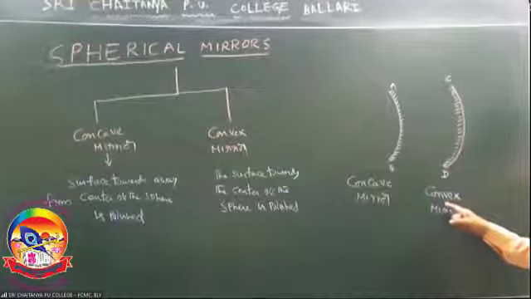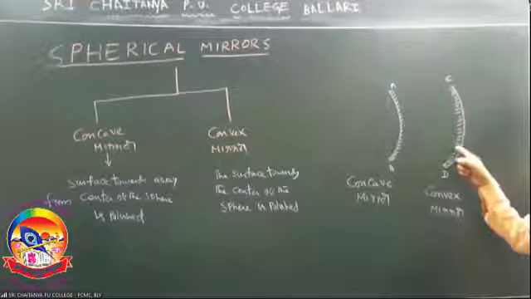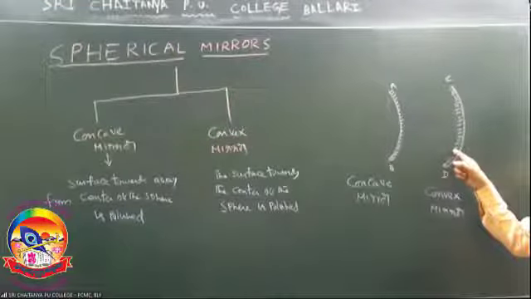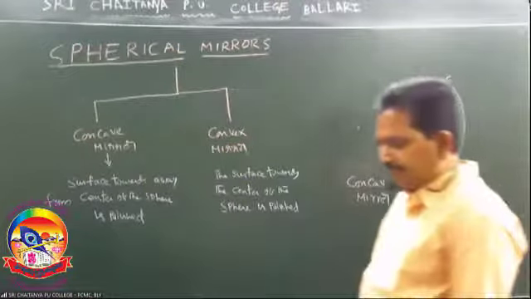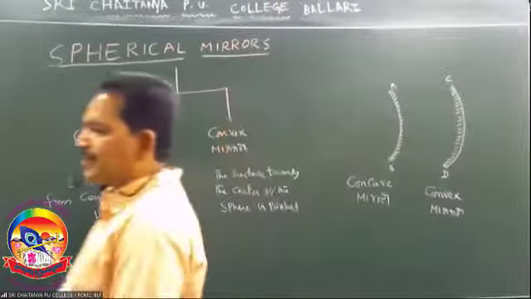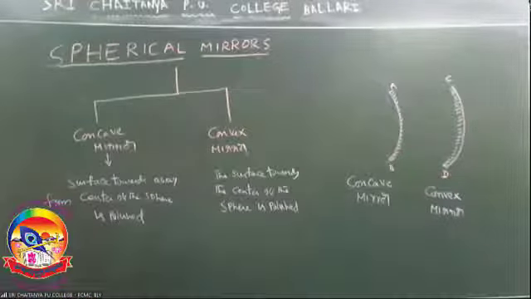In the case of the convex mirror, the outer surface is the reflecting surface and the inner surface is the polished surface. Therefore, spherical mirrors are of two types: convex mirror and concave mirror.